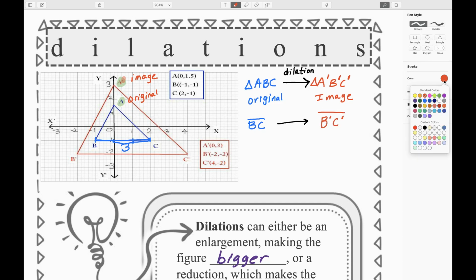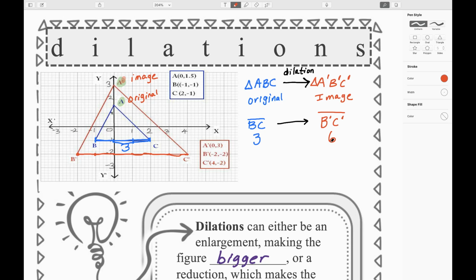Okay, so our original was a length of 3. So let's go ahead and count out how much the new image is. 1, 2, 3, 4, 5, 6. If we know and can tell what that is, we can figure out what the scale factor was.